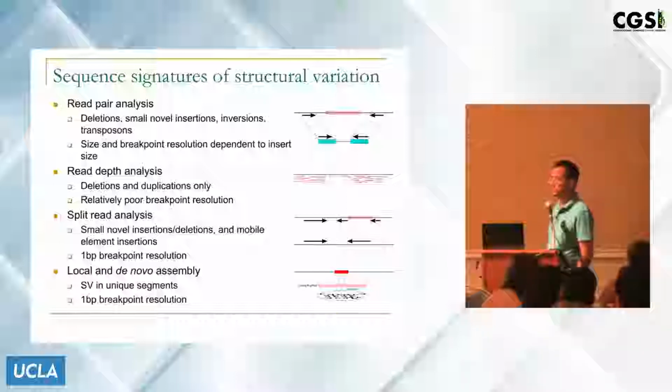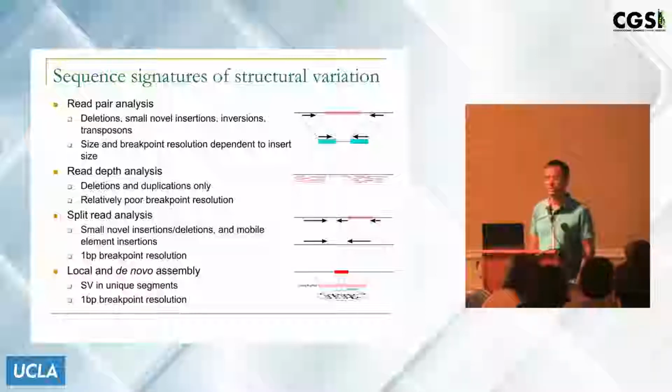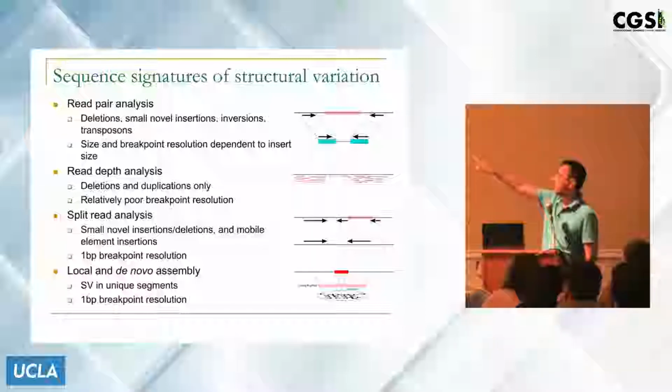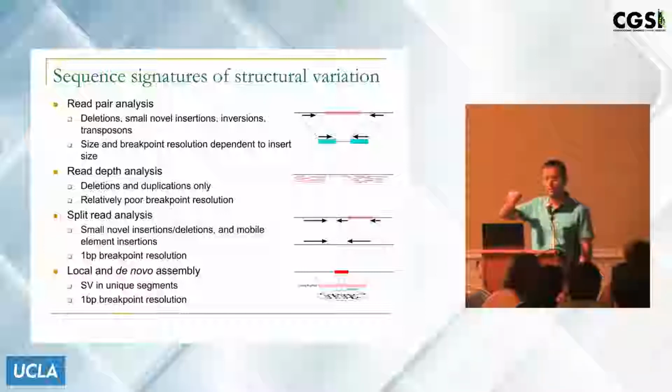In practice, it doesn't really work that way. The size of the variants that you can find and how close you can get to the breakpoint, these are the actual locations where the deletion or the structural variation starts and ends, is going to be dependent on the size of those fragments and how tight the distribution of the size of those fragments is.